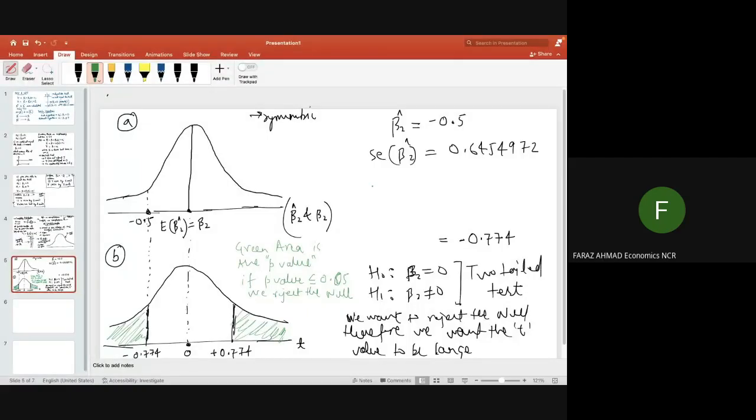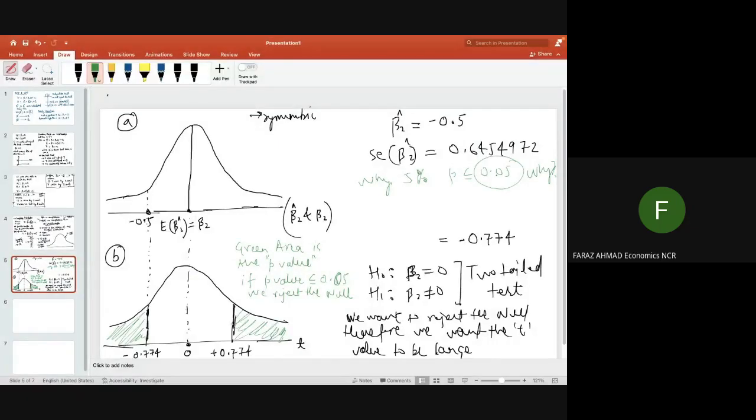Now why this 5%? This is another question. Why should p be less than or equal to 0.05? What is so good about 0.05?